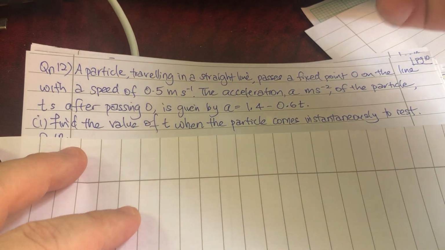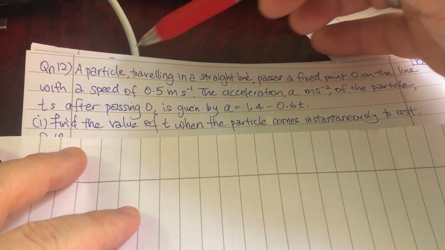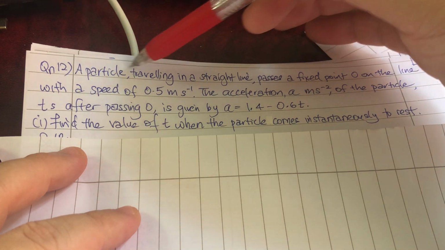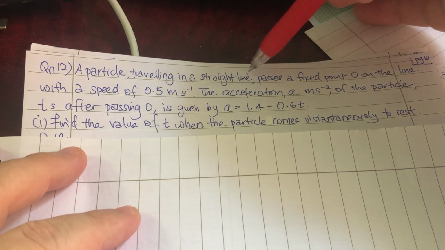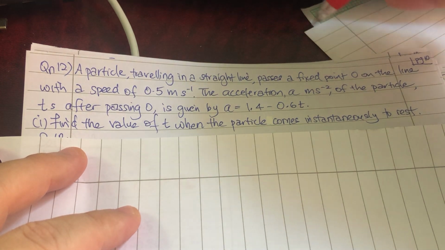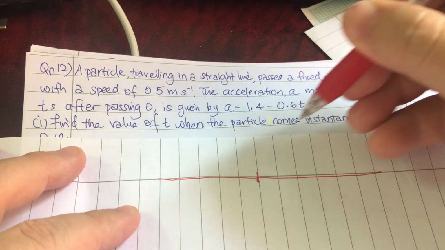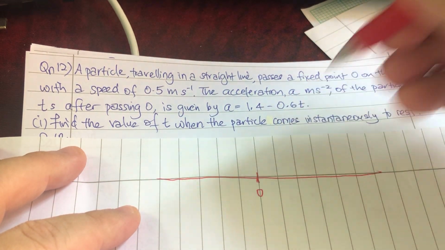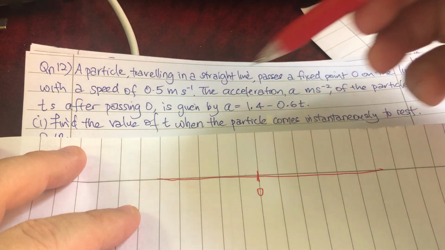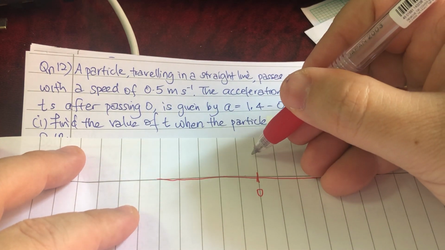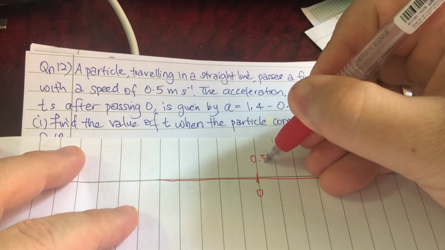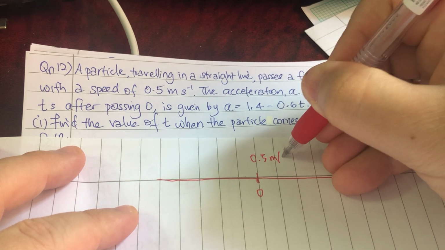Now let's start. Importantly, you need to take note, this particle is traveling along a straight line. They will always travel in a straight line, as I mentioned to you, and it passes through a fixed point O. So you may want to label on your sketch this point O with a speed of 0.5 meter per second.